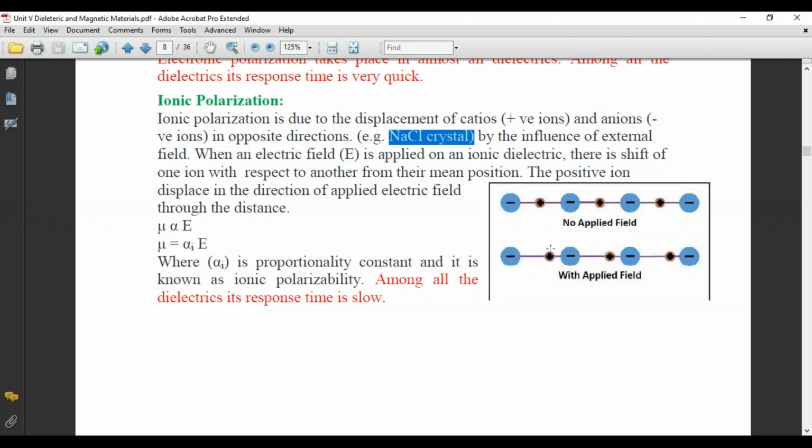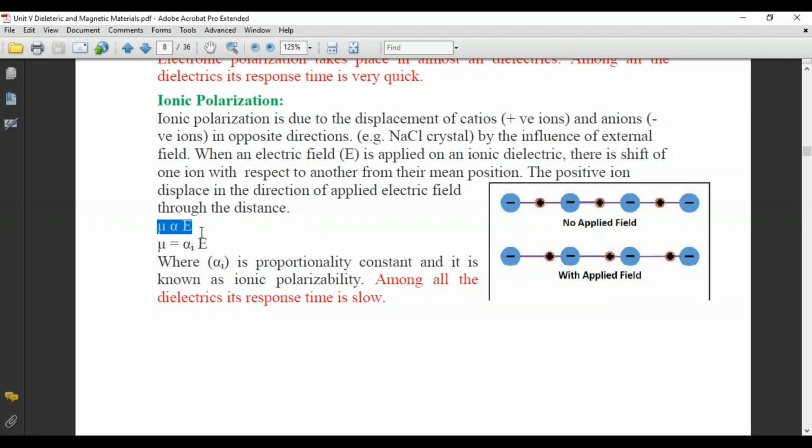When the field is applied, this positive charge moves some distance towards the negative charge, and this also moves towards the negative charge, and this also moves towards the negative charge, in the application of the electric field. That is what is called ionic polarization. That also depends upon the applied field strength.